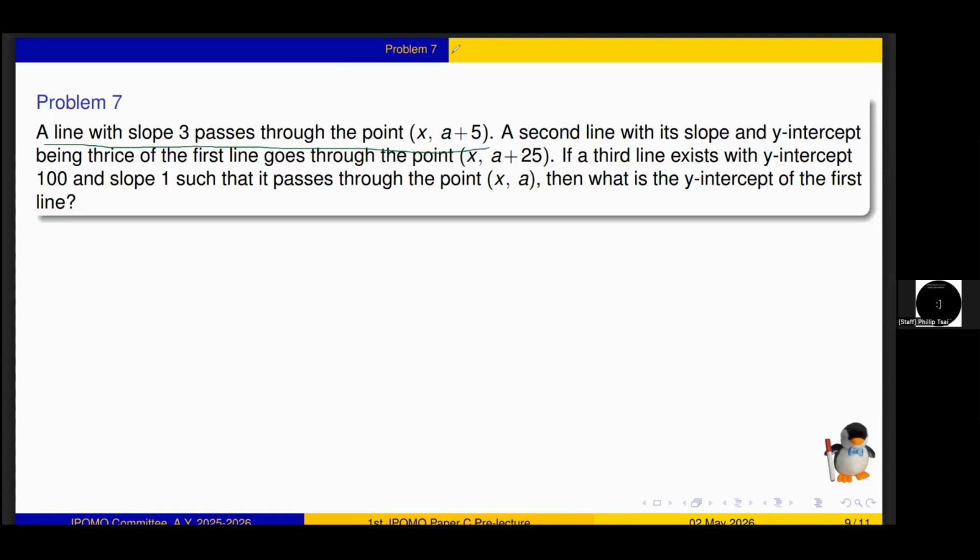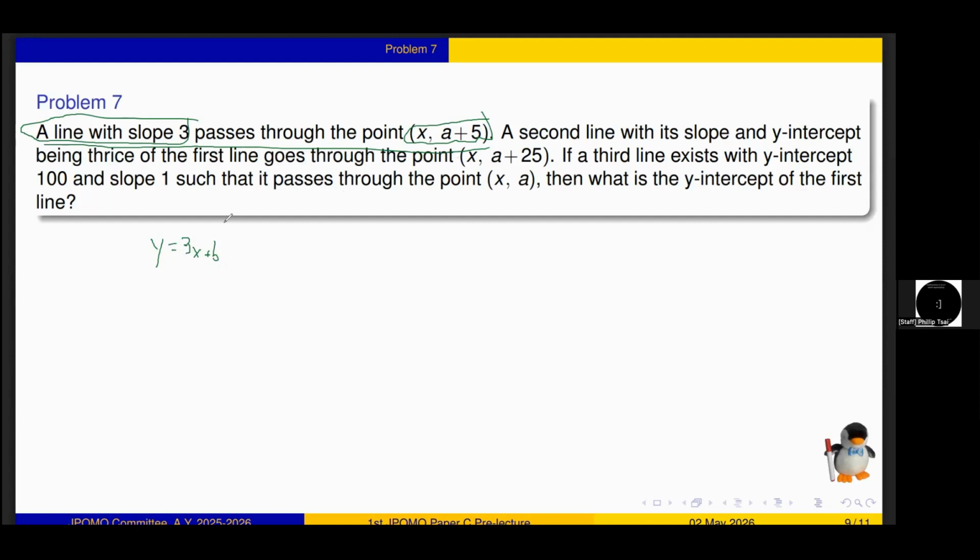So it implies that the point x comma a plus 5 is on the line with slope 3. In other words, it satisfies the equation y is equal to 3x plus b, right? Where b is the y-intercept.